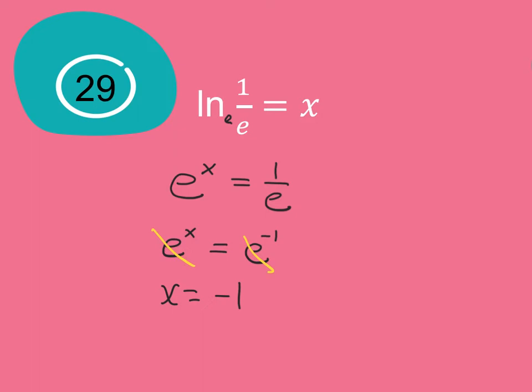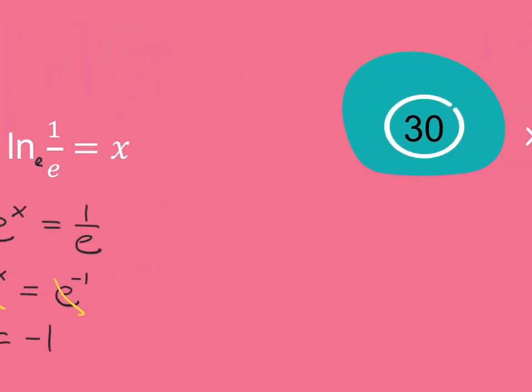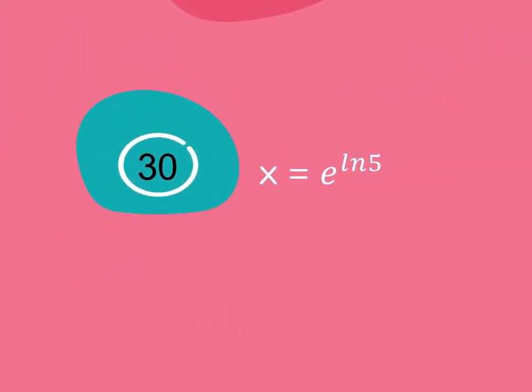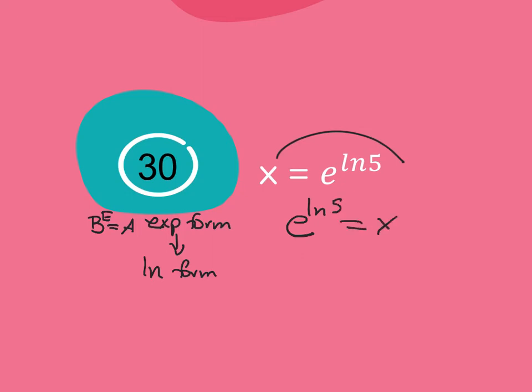Let's try number 30. This one is actually in exponential form, and we're going to change it into natural log form. So right now it's in BEA form. Now what I need to do is fix it. So I could rearrange, and I'm going to do e to the ln 5 equals x. Now it's in this form, so I'm going to change it into ln BAE.